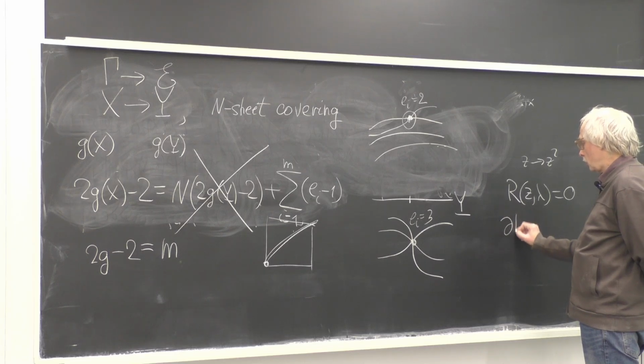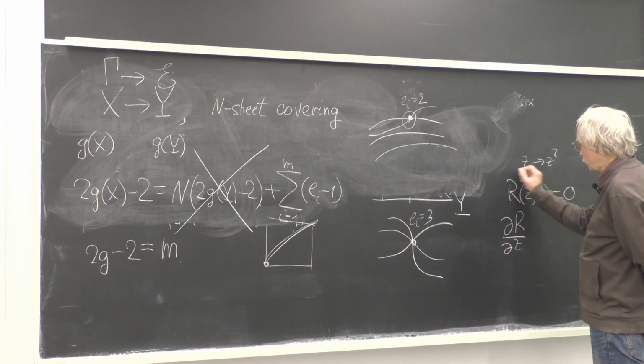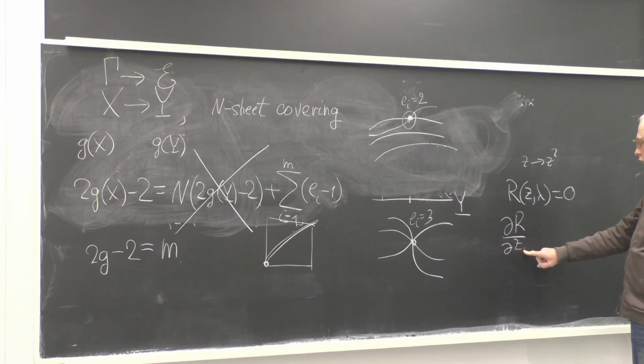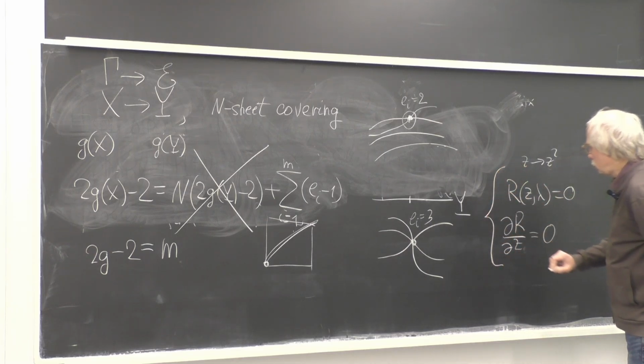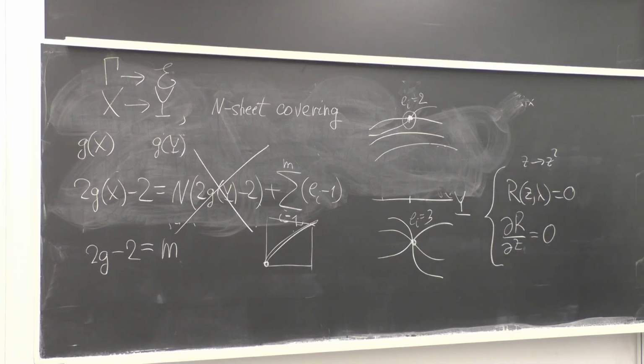At the ramification point, the derivative of this function with respect to z is 0. So these two equations should be satisfied simultaneously.